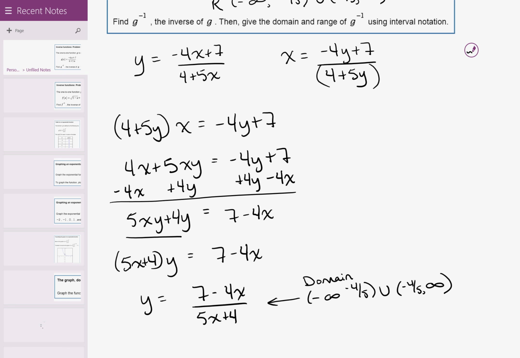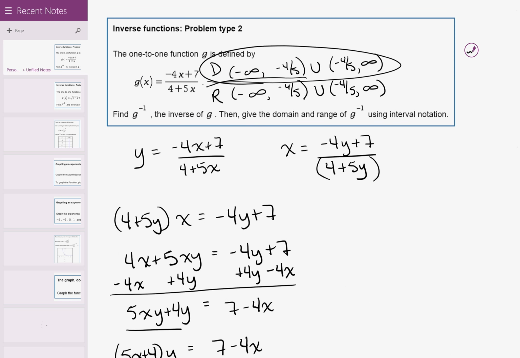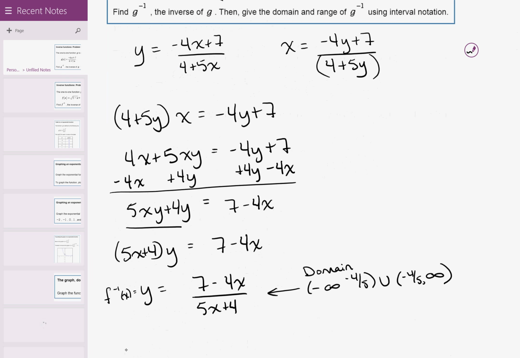The domain of g inverse, this is now g inverse, right, is the same thing as the range of g. And I know that this is the domain of g, and so the range of g inverse is negative infinity to negative 4/5 union negative 4/5 to infinity.